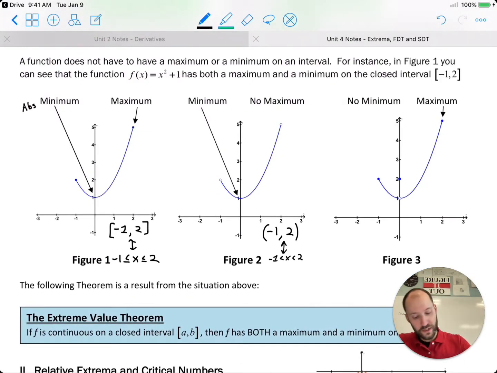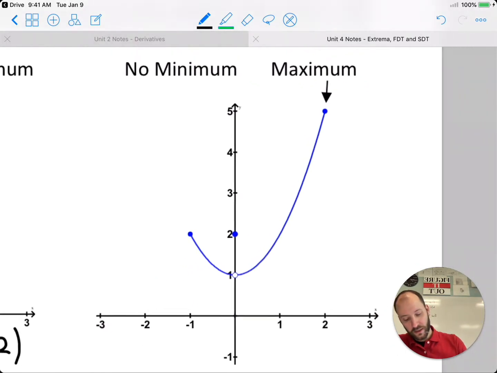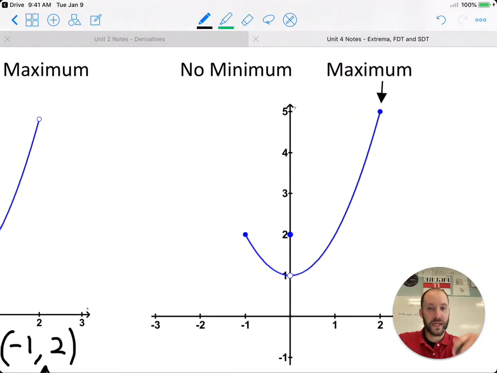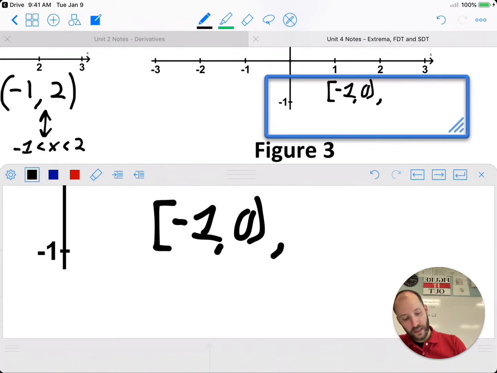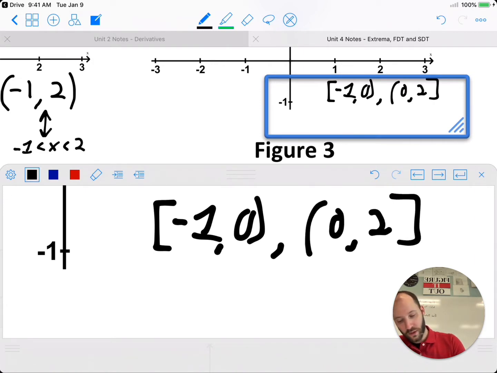For example 3, we see an open circle at the bottom, and we see closed circles at the endpoints. So this would be the interval closed from -1 to open 0, and then open 0 to 2 closed.